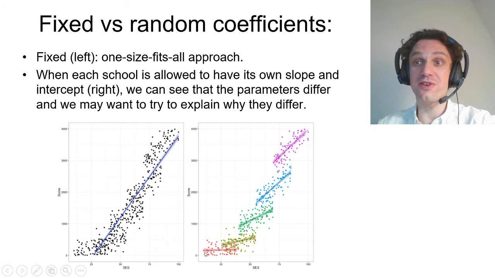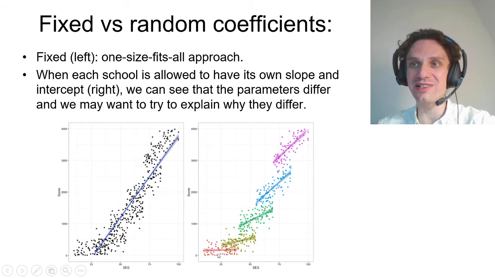However, if you use a random slope model, you will see that it's not quite the case. There are schools where this association is fairly strong, but still it's not as strong as the slope that you've seen here. But there are also schools where this association kind of disappears. It can be completely zero.